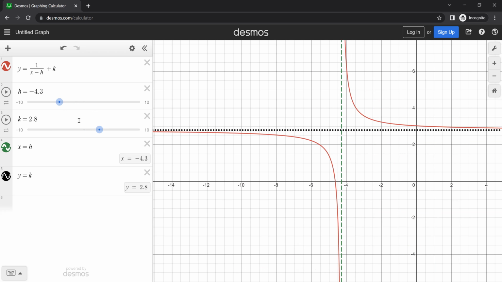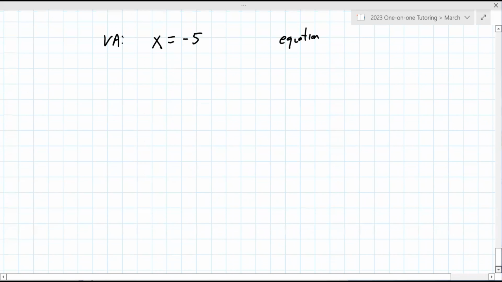Okay, great. I'm glad you can see that, because sometimes students don't have any idea what I'm doing there. So here's the general form of a rational function. It's 1 over x minus h, plus k. You probably saw h and k when you were graphing quadratics, maybe absolute value functions.